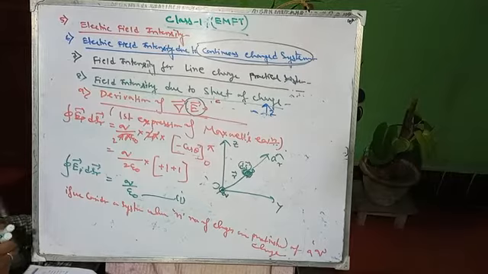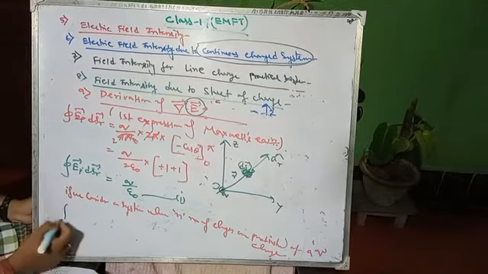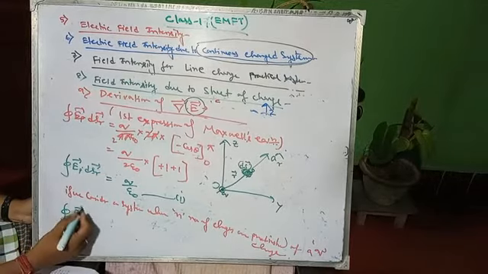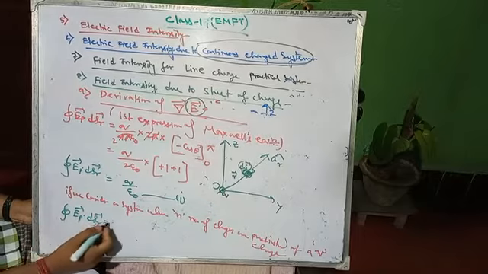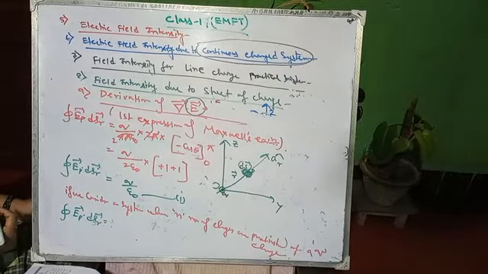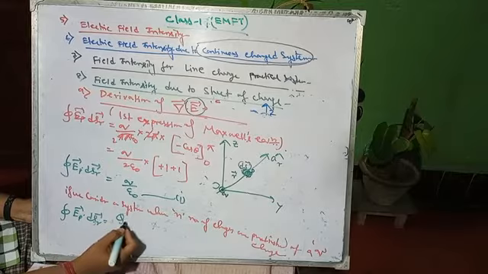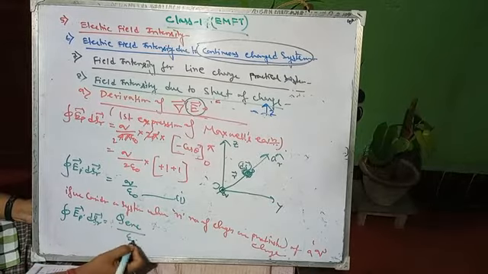What will be the equation? It will be closed surface integration of E dot dS equals to, instead of this q, can we write this capital Q enclosed by epsilon naught.